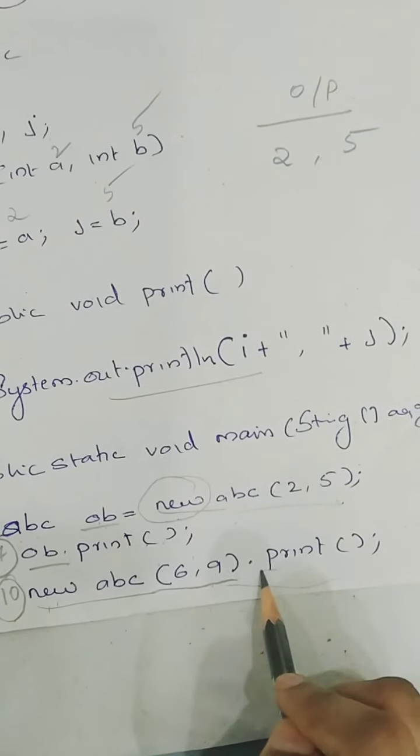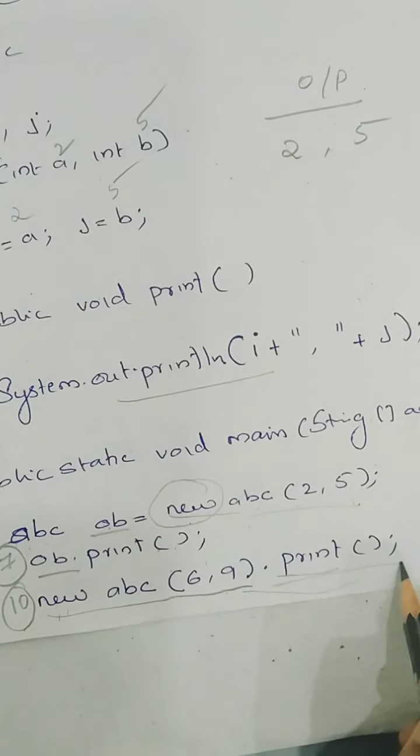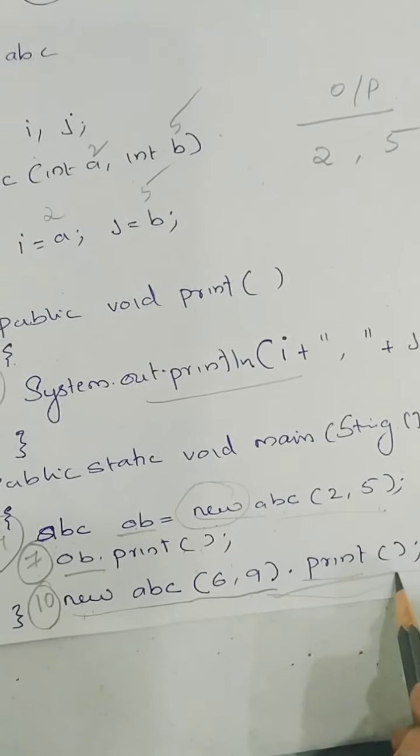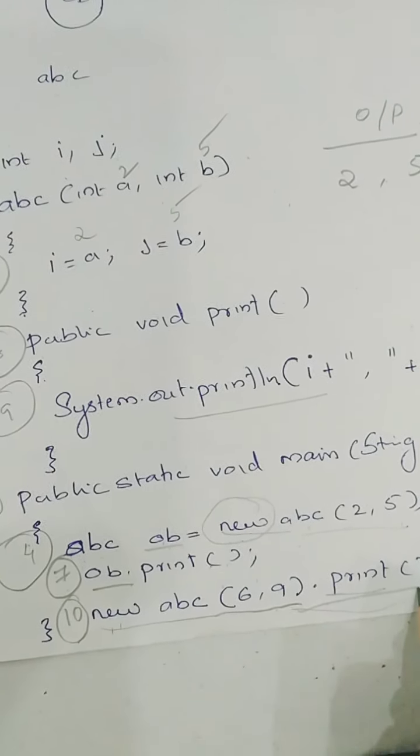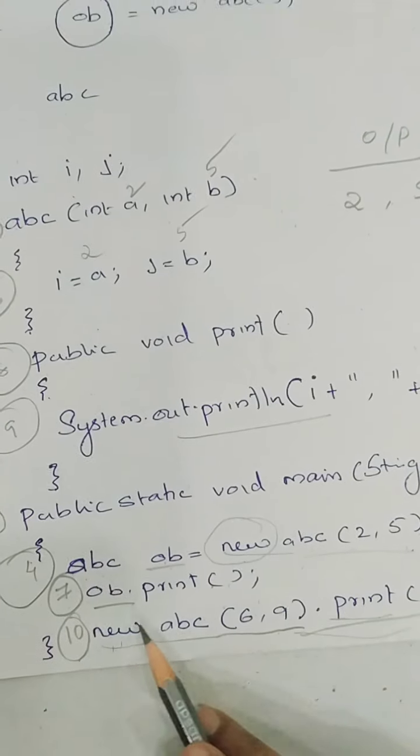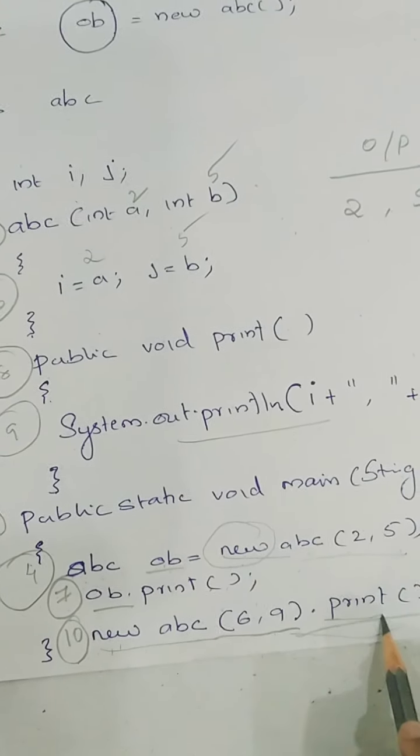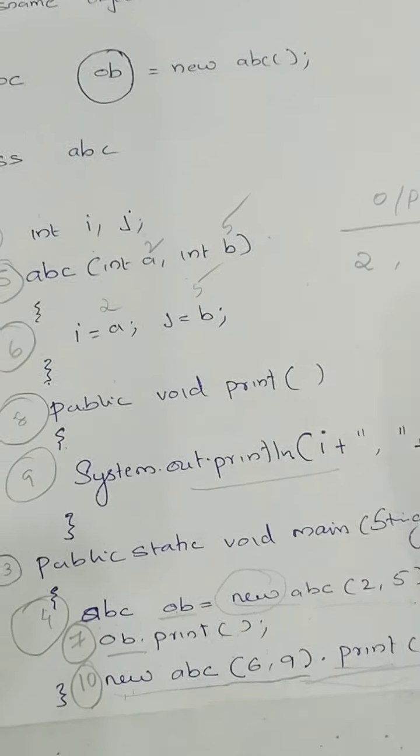Only during the execution it will be active. After this print it will get deleted. That means new abc 6 comma 9 dot print means it will go with the values 6 and 9.